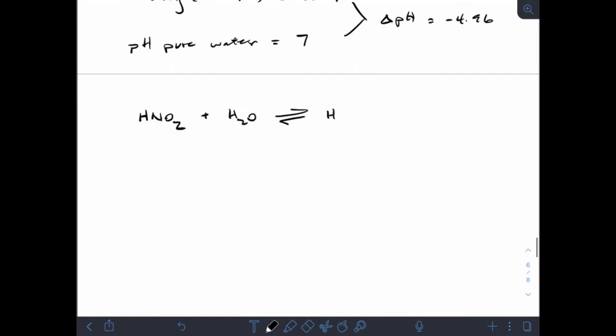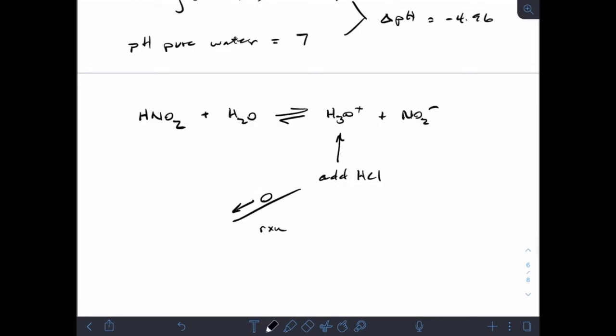It will give us H3O plus and our nitrite ion. Right, so what we're going to do here is we're going to add acid. If I add acid to the right side in the form of HCl, our ball rolls and shifts left.